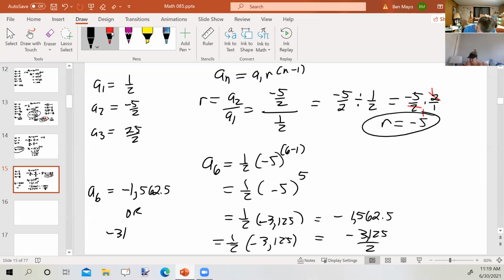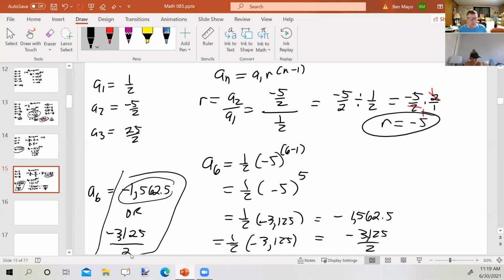And that does not reduce because 2 does not go into -3,125 evenly. So either of those answers would be correct. But again, I warn you, if you go with a decimal, don't round it off. You've got to leave it as an exact answer unless it specifically says in the directions to round off.